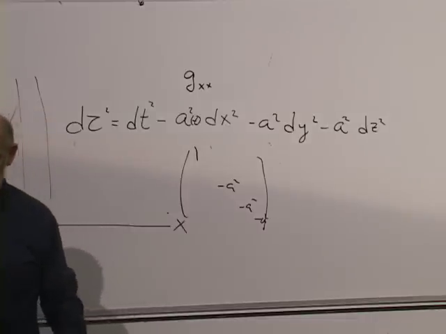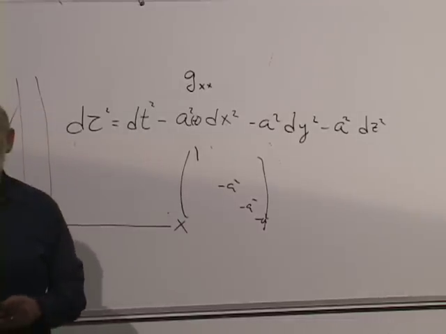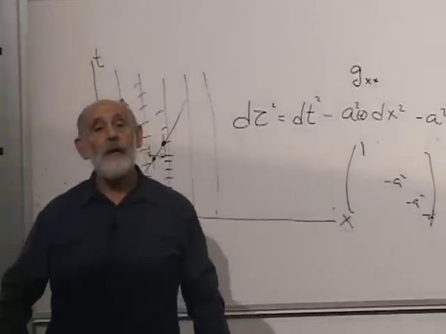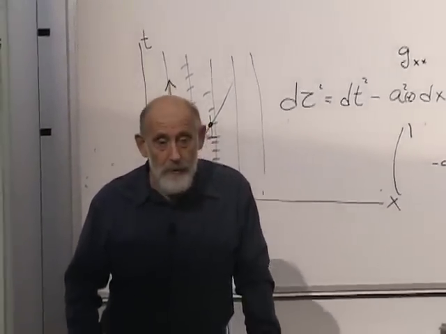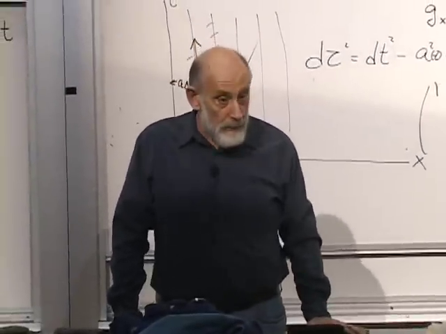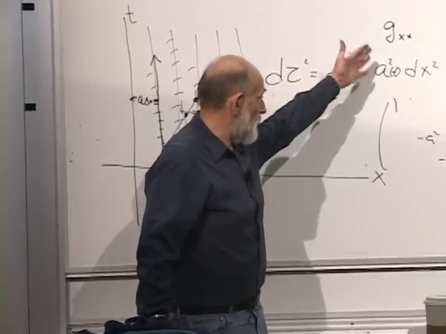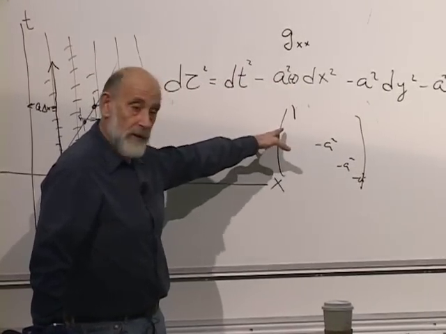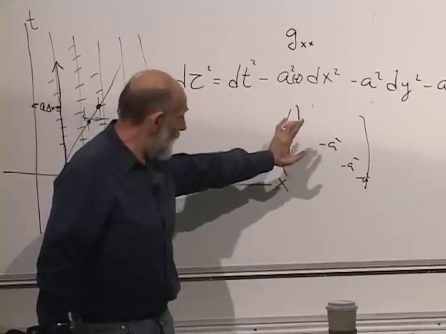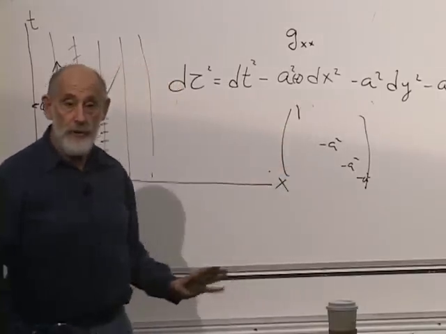So another way to say expanding universe or contracting universe is that the metric of space is time dependent. In other words, it's a special case of general relativity metric of space-time where the components of the metric change with time.